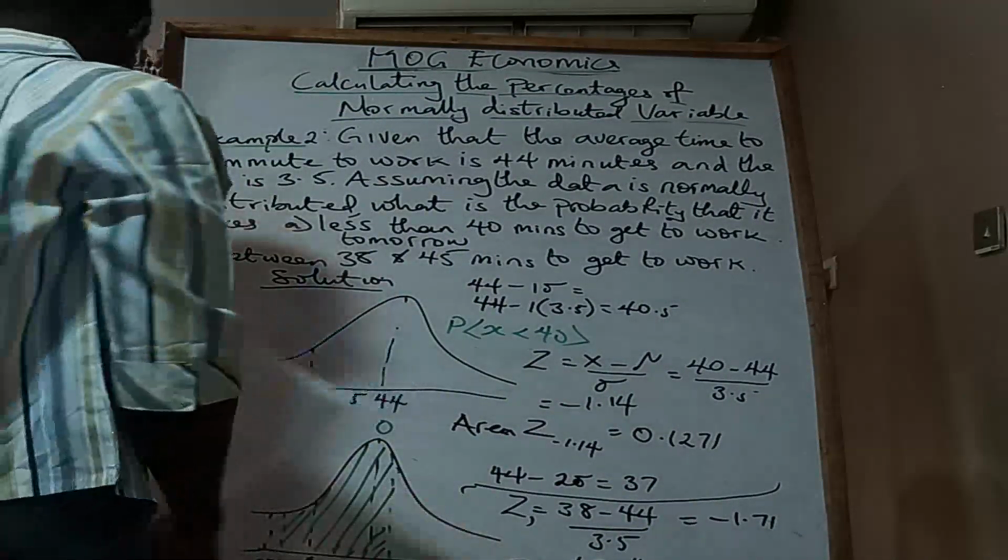Now let us look for the areas of the two z-scores.